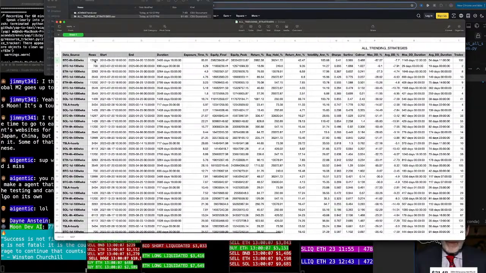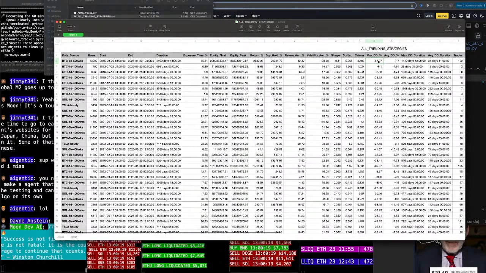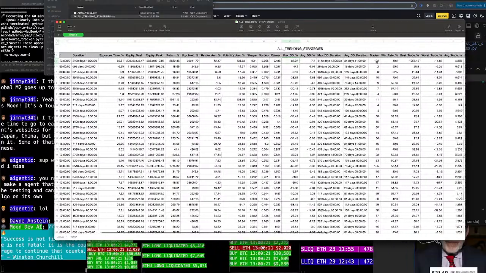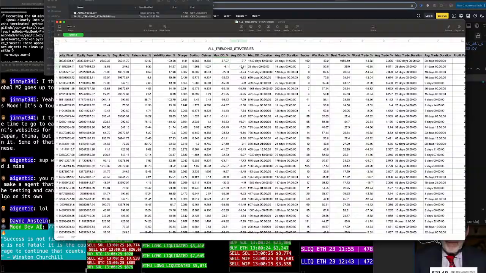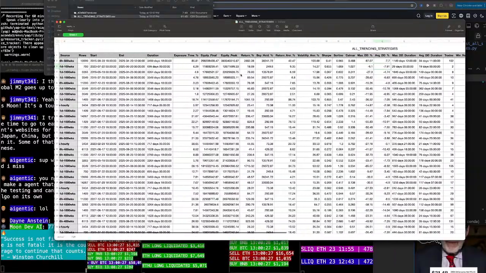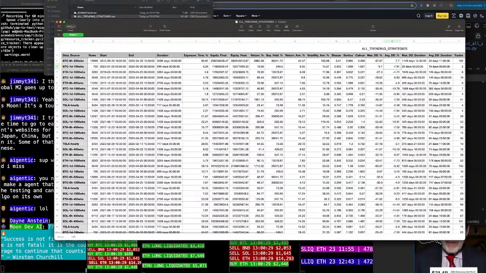How many trades it has? 87% drawdown though. Fudge. But this is so nice to be able to go through all of these strategies.